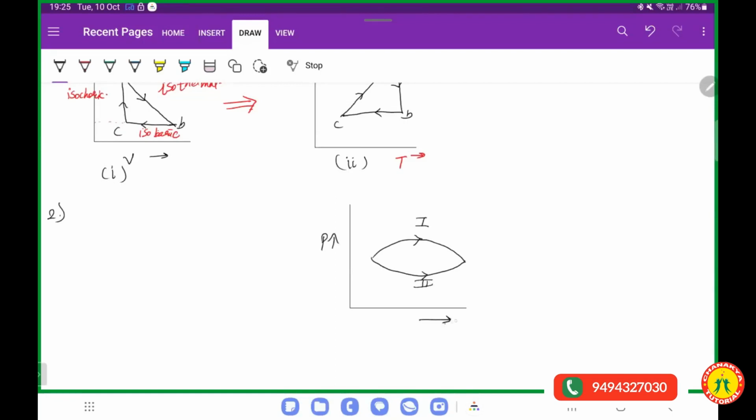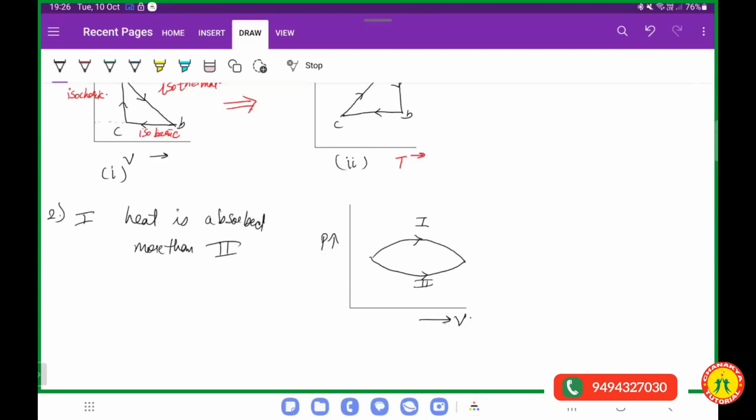Pressure, y-axis, volume. There are two processes in this one. See, pressure is changing with volume, upward, process 1. Heat is absorbed more than in the second process. In 1, see, heat is absorbed more than the second process.